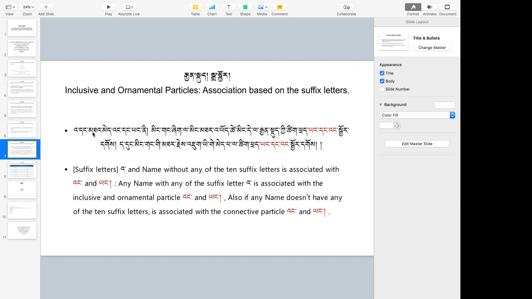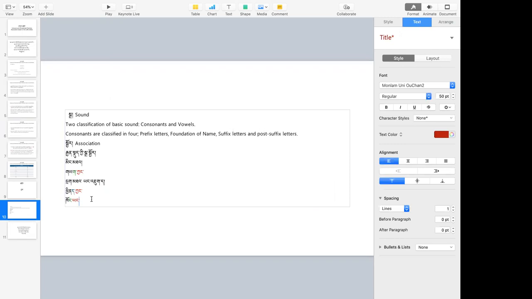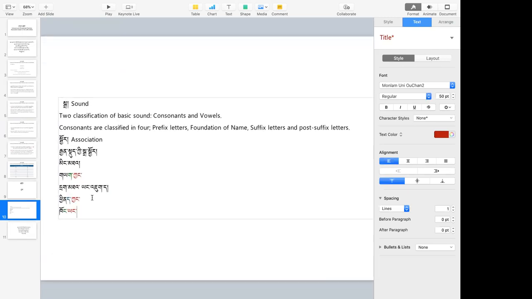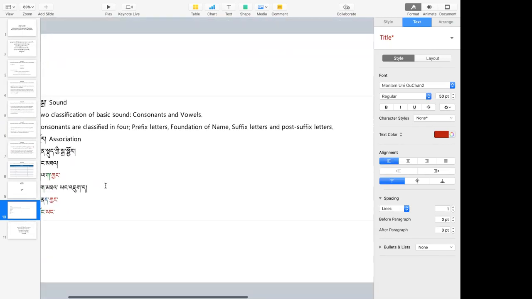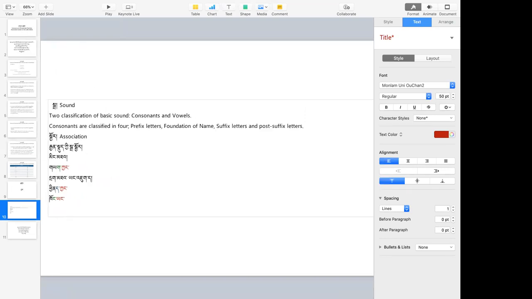So we have this word tame. Let us go back to the word that we already discussed, ming ta. We already know that the word ming ta refers to the suffix letter, or in some cases also the post-suffix letter, but generally only to the suffix letter. It's called ming ta.